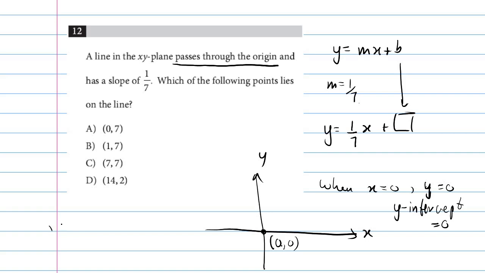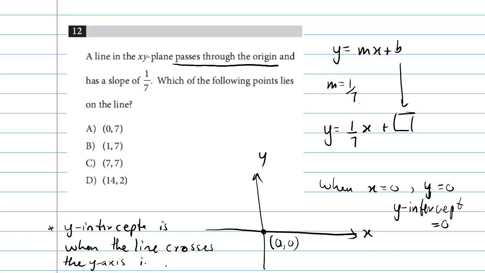Okay, I'll just write this here as a point. Y-intercept is when the line crosses the y-axis, i.e. x is equal to 0.